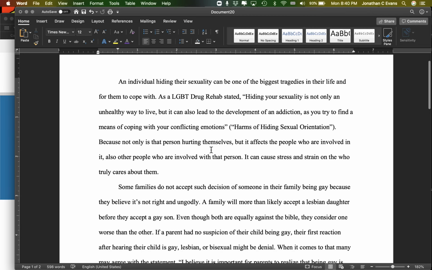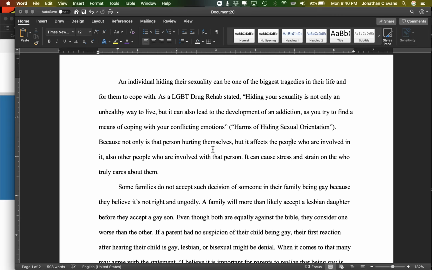So let's look at this as an example. It says, an individual hiding their sexuality can be one of the biggest tragedies in their life and for them to cope with. As a LGBT drug rehab stated, "hiding your sexuality is not only an unhealthy way to live, but it can also lead to the development of an addiction as you try to find a means of coping with your conflicting emotions."